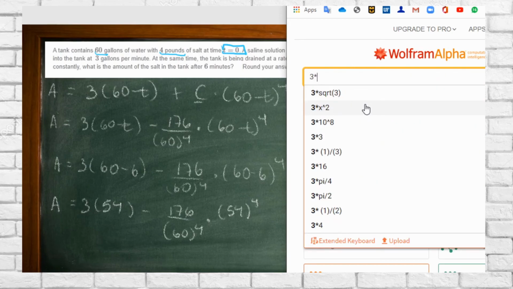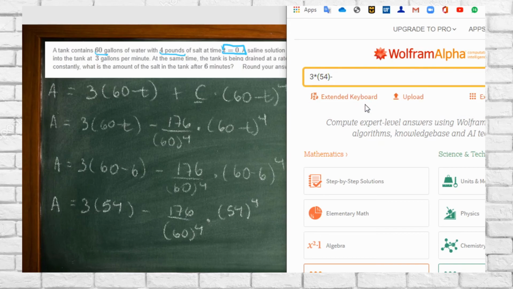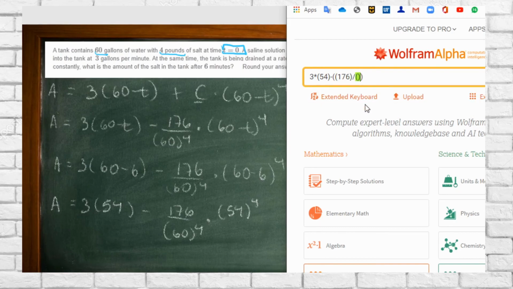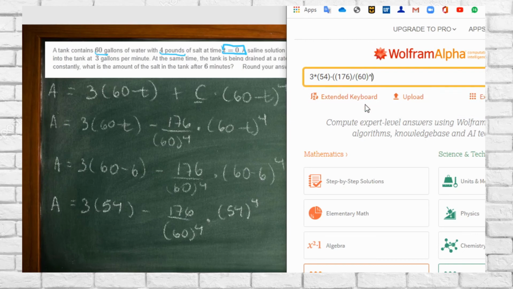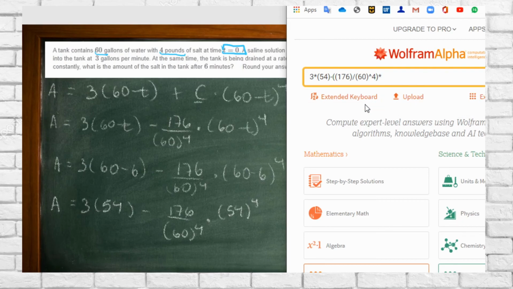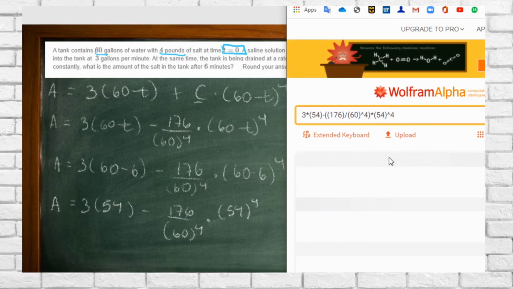So 3 times 54 minus, let's put parentheses in here, 176 divided by 60 to the fourth power, times 54 to the fourth.